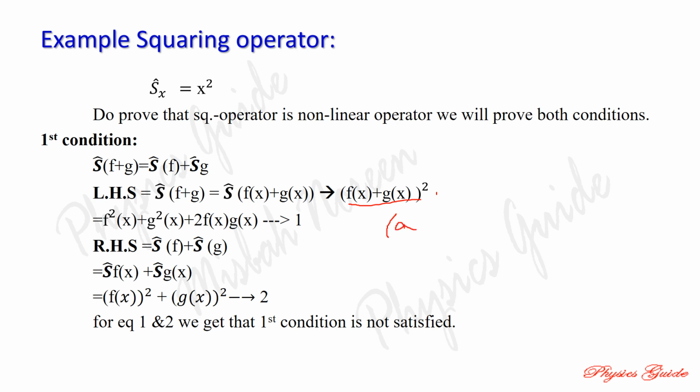So students, we know that a plus b whole square is equal to a square plus b square plus 2ab.